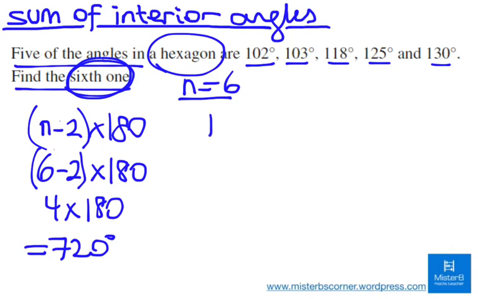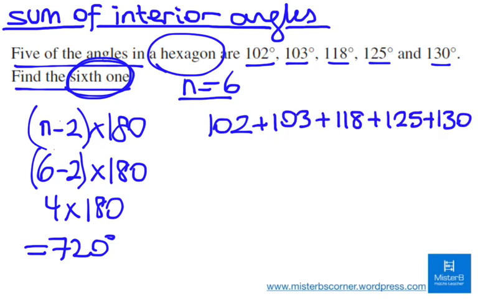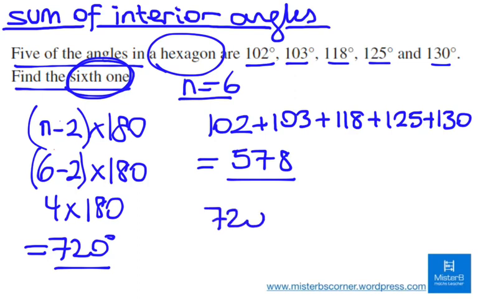So I go like 102 plus all the other angles, and this will give me the sum 578. So all I need to do is find the difference between these two numbers to find the measure of the sixth one. So it's going to be 720 minus 578, and the answer would be 142 degrees.